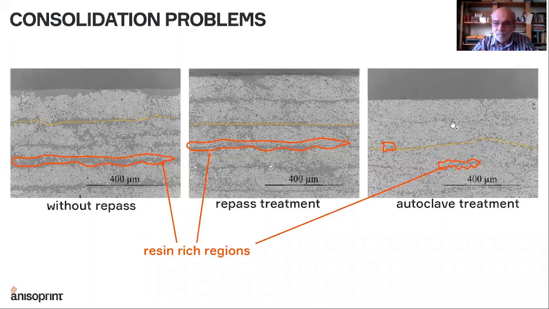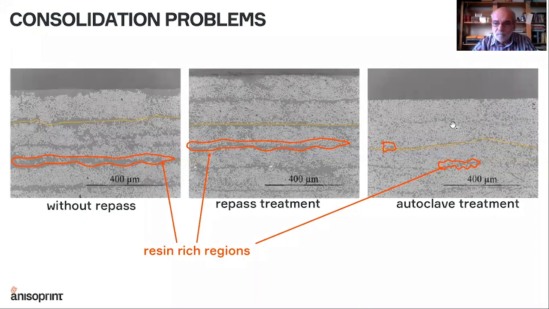Why is consolidation actually needed? Here you can see a microscope image of a cross section of materials manufactured with fiber placement technology.